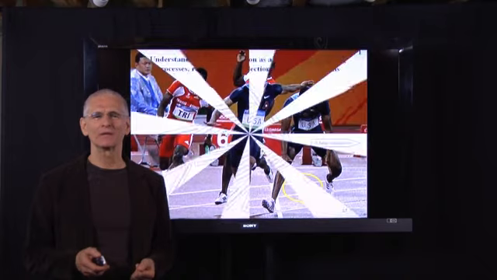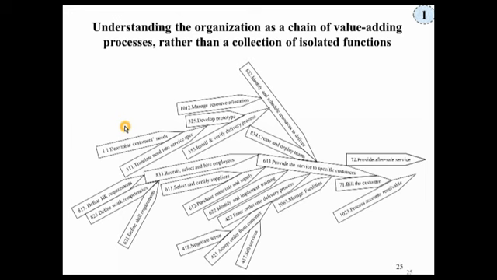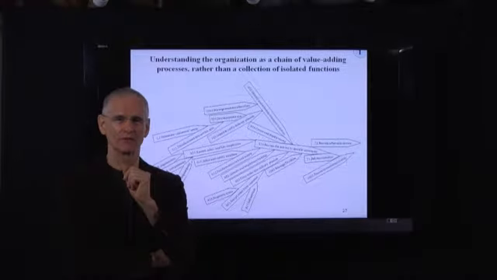Let's now come back briefly to this slide of the process view, the chain of interconnected processes view of the organization. One critical issue about each of these processes is, should we do that ourselves? Or should we let someone else do it?